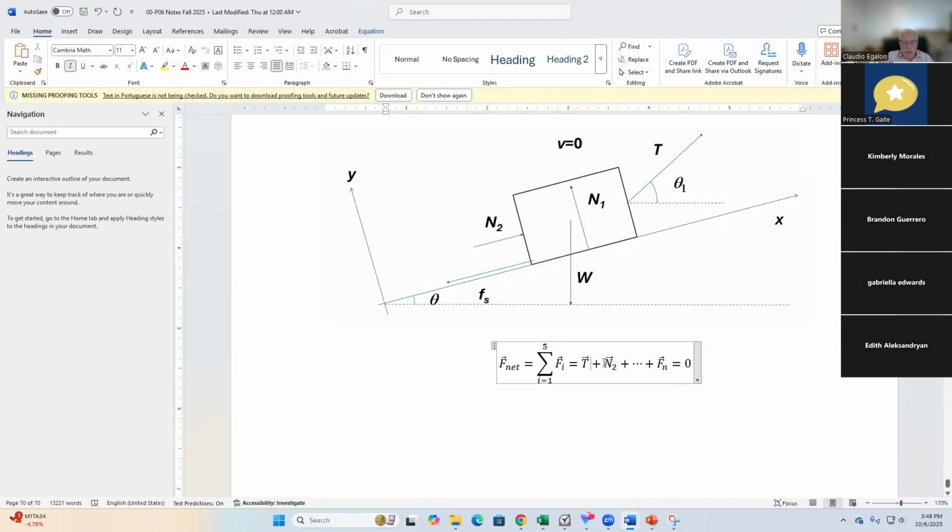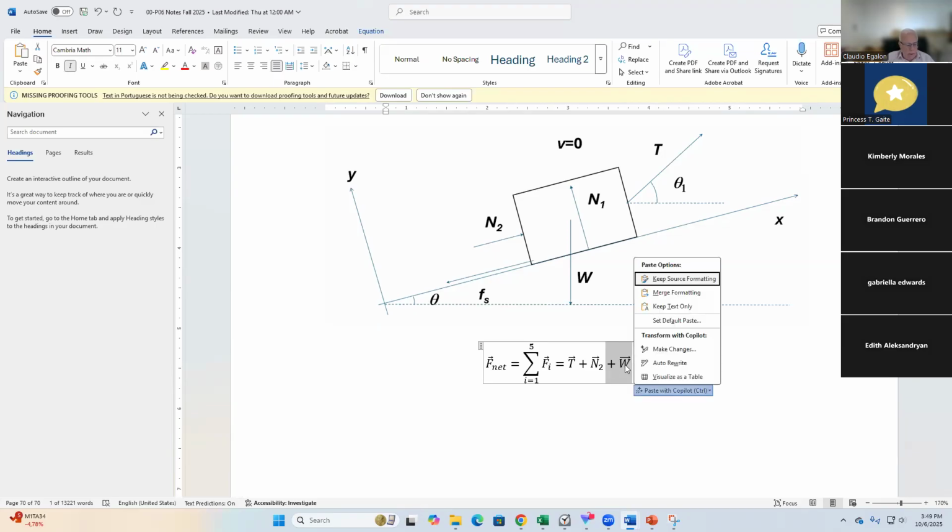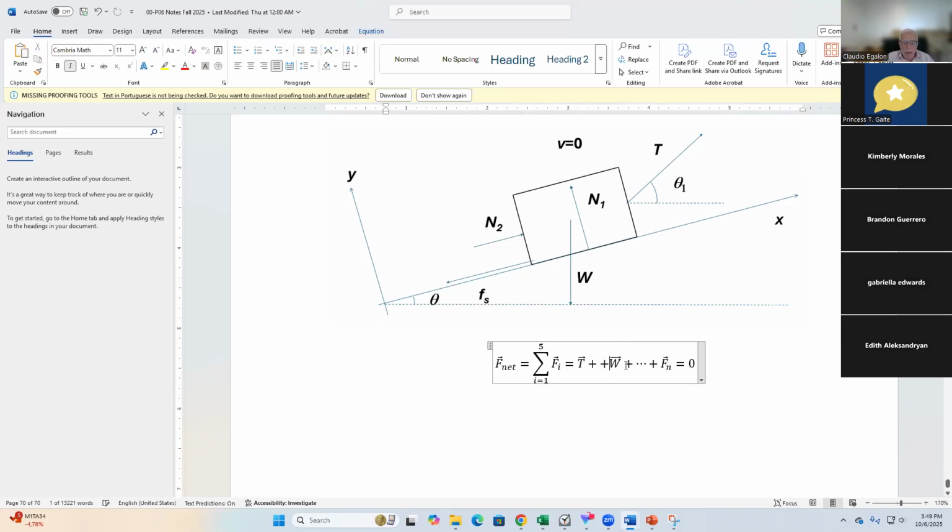Force 3 is going to be my weight. Force 4 is going to be my normal number 1. Just change the subscript. And force number 5 is going to be the force of static friction.